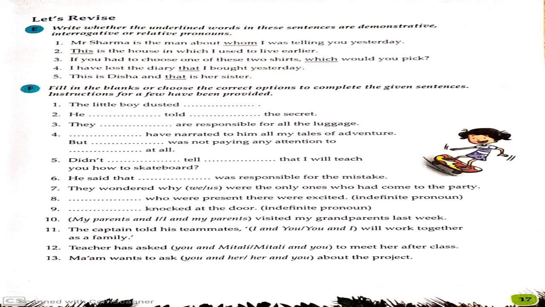Okay. Now let's see the next exercise. Fill in the blanks or choose the correct option to complete the given sentence. Instructions for a few have been provided. So now number 1, the little boy dusted dash. The answer will be: the little boy dusted himself.